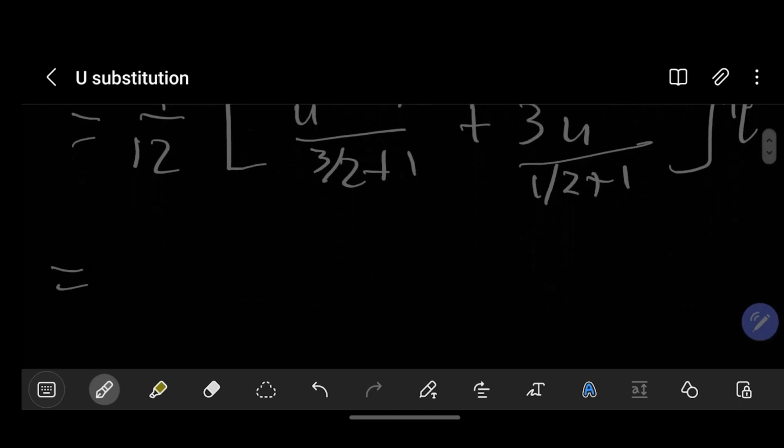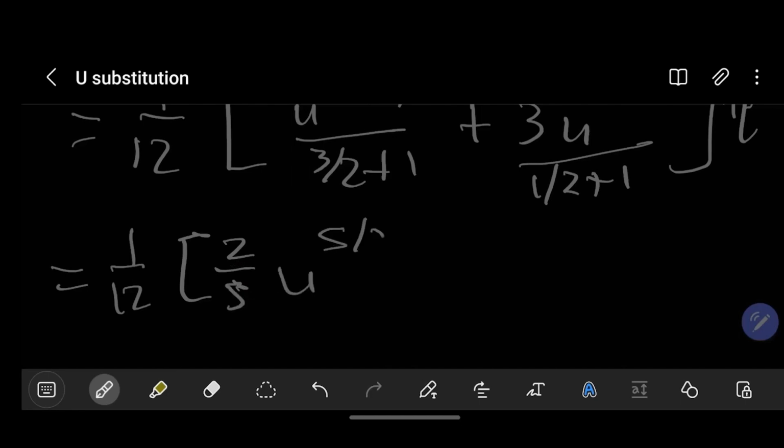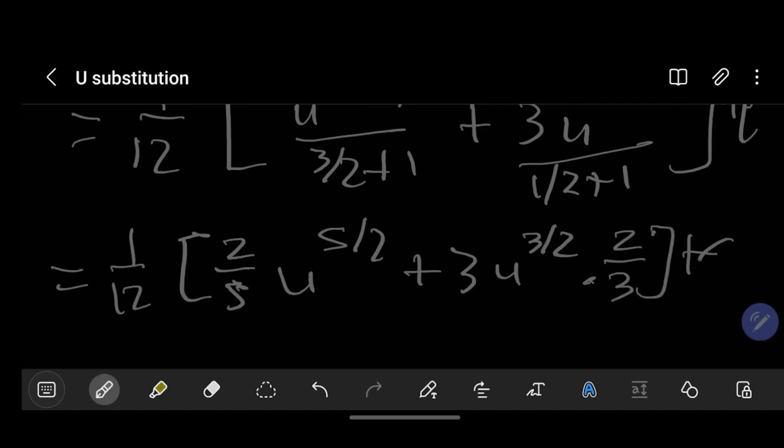Simplifying this, we'll have 1 by 12 into 2 by 5 u to the 5 by 2, since 3 over 2 plus 1 is 5 by 2, right? So plus 3u to the 3 by 2 multiplied by 2 by 3, plus c.